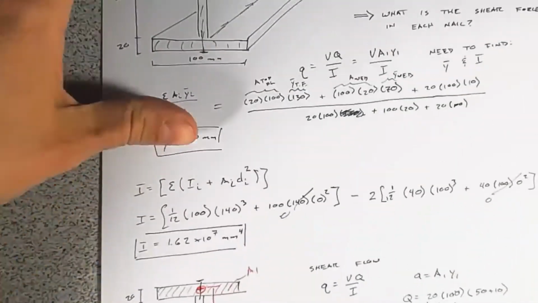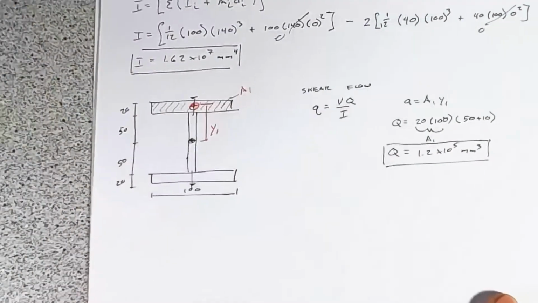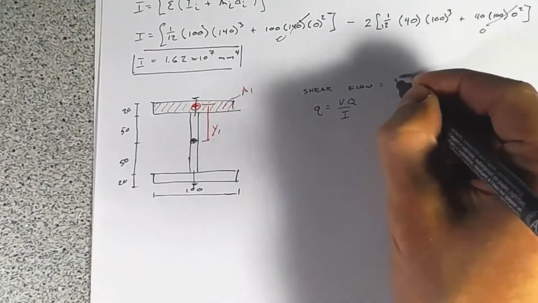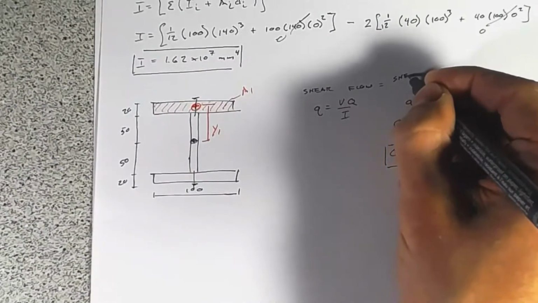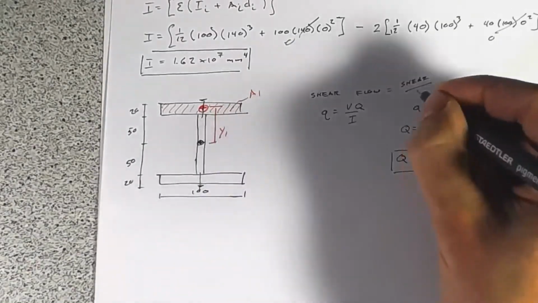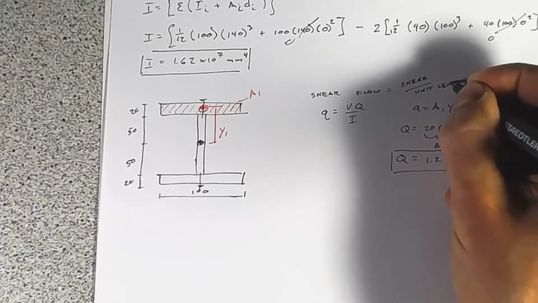All right, so we can figure out the shear flow now. And so remember, our shear flow is just going to give us our shear per unit length.